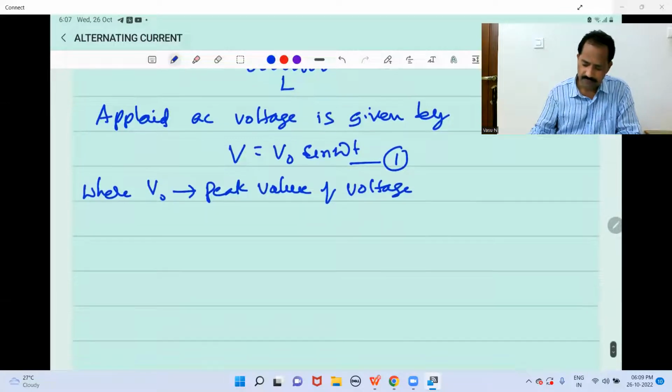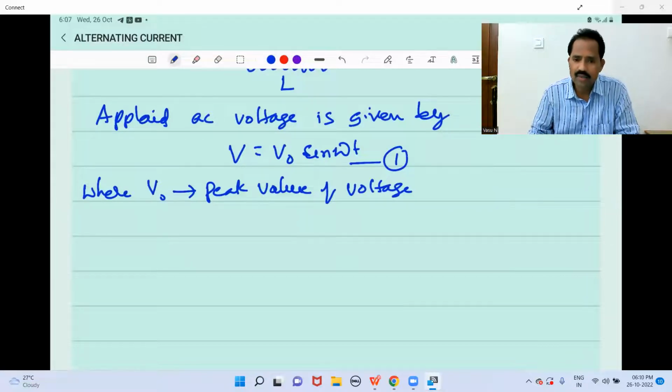Okay, see, as the voltage is alternating, the current also alternates.